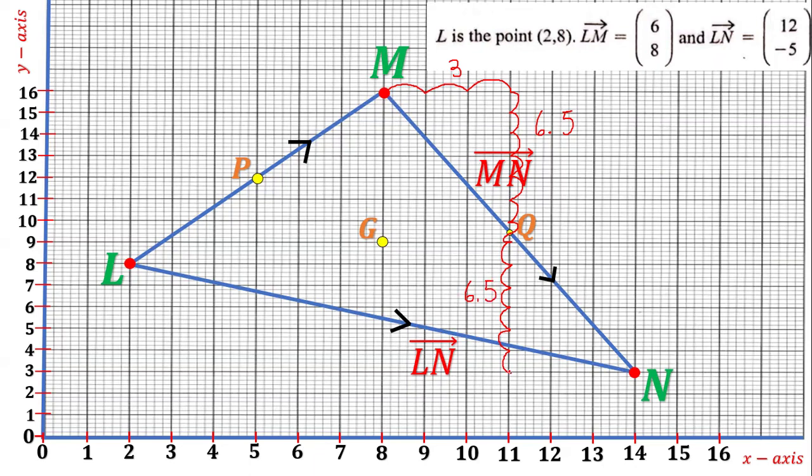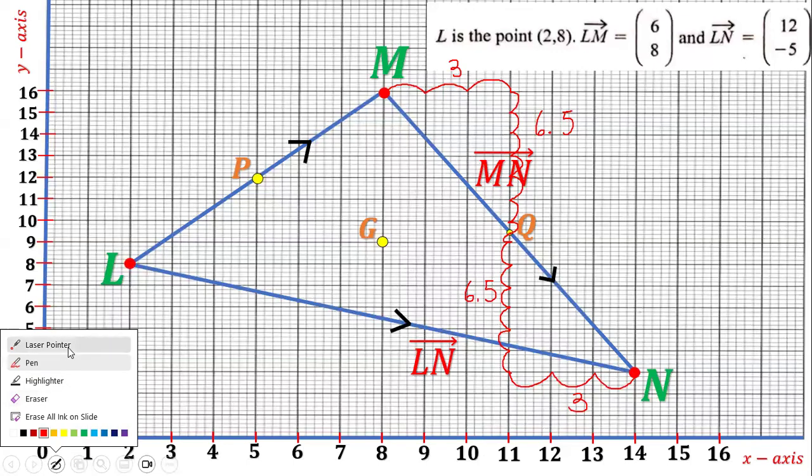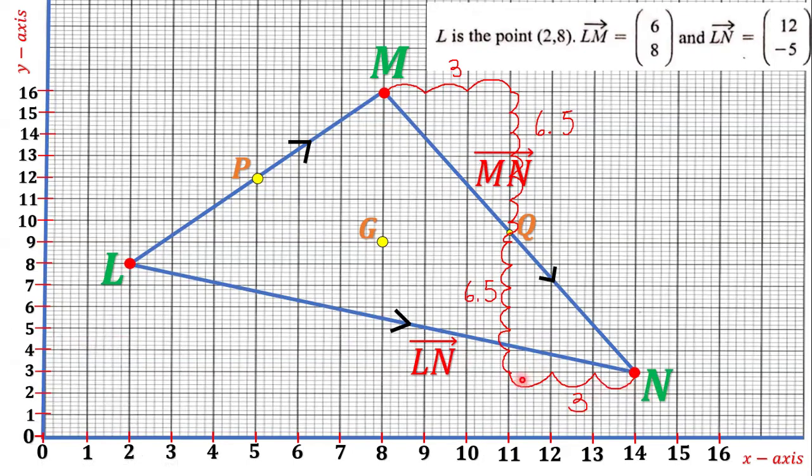And going across, it's 1, 2, and 3. So again, we have 3. In the y direction, we have 6.5 on both sides, and in the x direction, we have 3 on both sides. So that means this point has to be the midpoint.